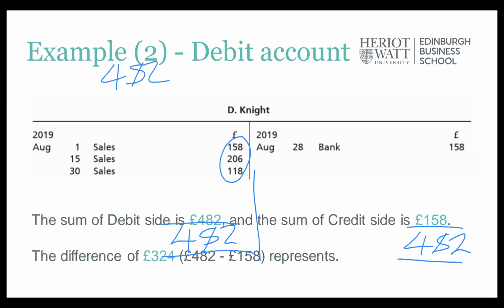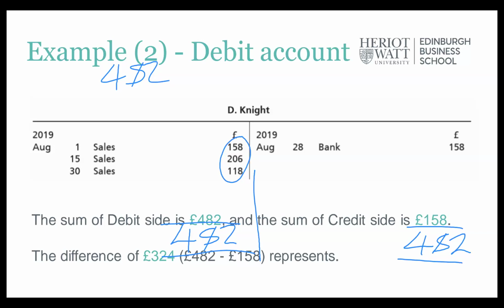What is the second step saying? After recording the biggest amount on both sides, subtract the smaller amount from the big amount. So deduct 482 minus 158, which is 324.